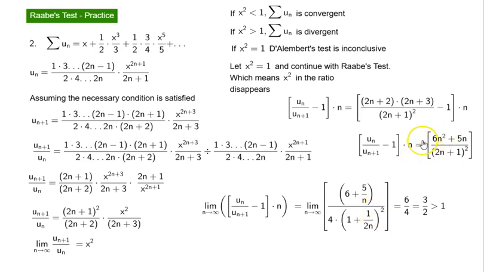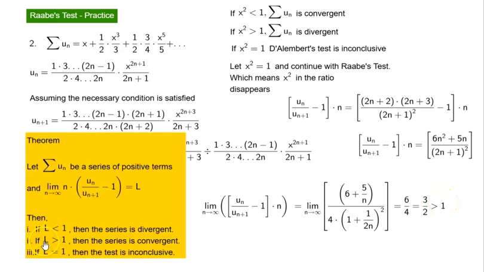So here the n squared that we have taken out from both the denominator and the numerator gets cancelled out. And now when we take the limit, 5 by n goes to 0, 1 by 2n goes to 0. So here we have 4 times 1 is 4, and here we have 6. 6 by 4 is 3 by 2, which is greater than 1.